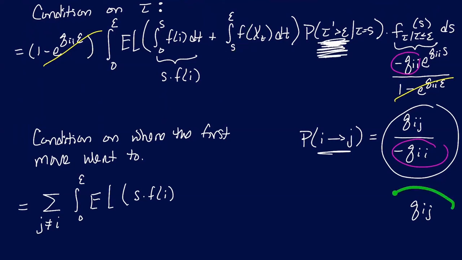And since we conditioned on the fact that we've moved to j, this is now a constant. And that makes this, down in this conditional setting, f of j, which is constant with respect to this integral. And that means that we get the integral is epsilon minus s times f of j.